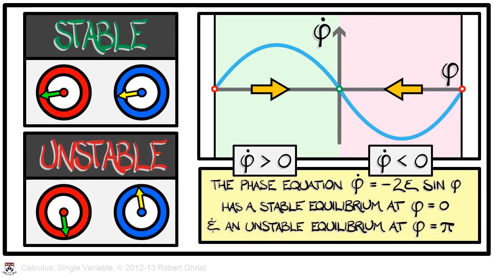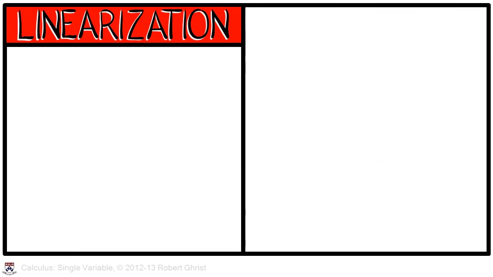Notice, however, that this system also has another root, another equilibrium at phi equals pi, which is the same as negative pi. And this is unstable. Physically, this corresponds to an anti-synchronization, where the two oscillators are perfectly out of phase, where their angles differ by a value of pi.